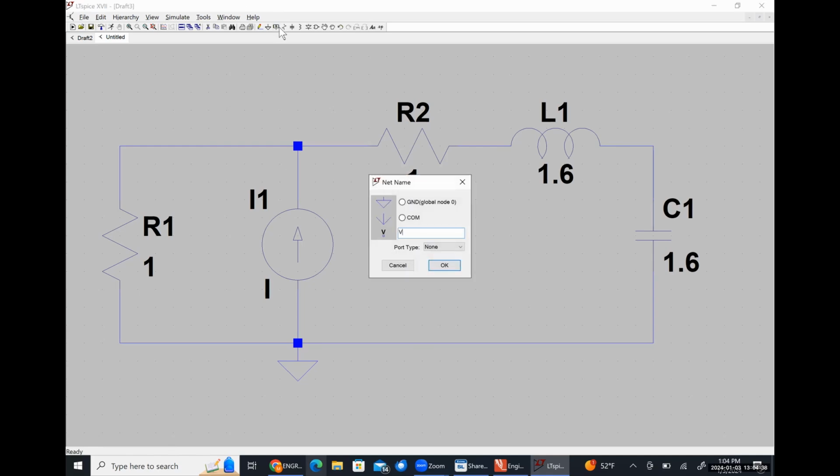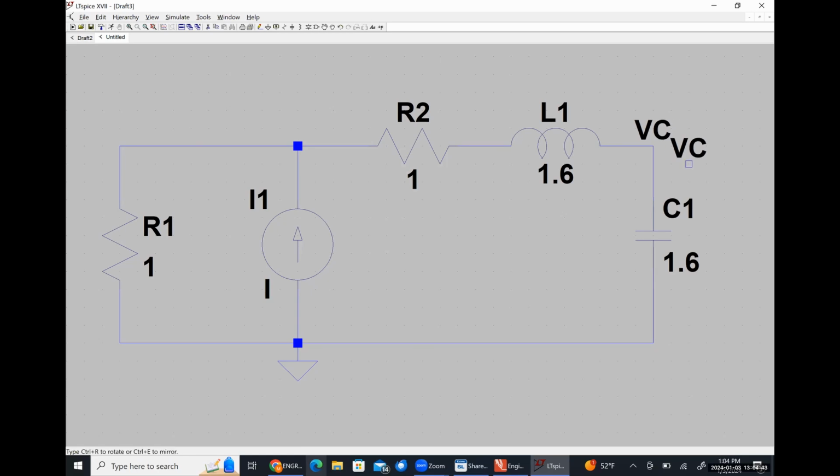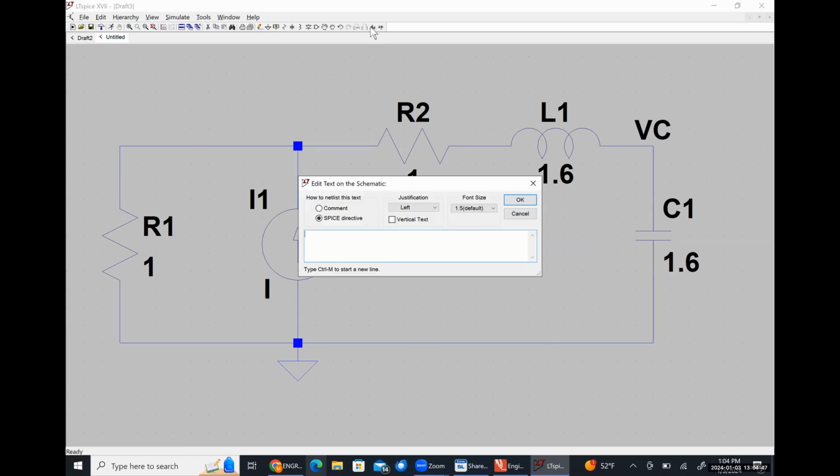I'm going to label the positive polarity terminal with VC up here. I'm going to have to put some initial conditions in. So dot IC, the voltage at node VC is equal to 0. Dot IC, the current flowing through inductor L1 was 0.